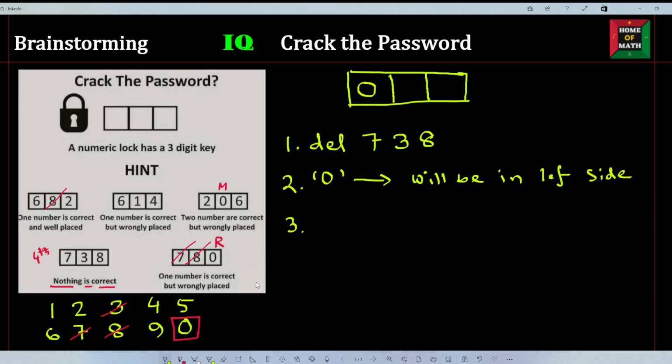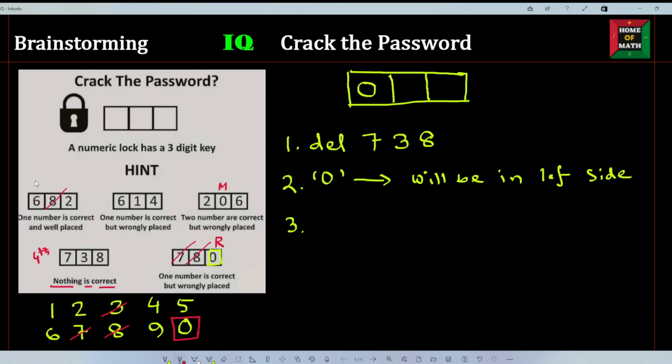Okay, number 3 or third step. So we already get 1 digit. Now consider number 6 from the first box. 6 we can delete. Why? Because here 1 number is correct and well placed.